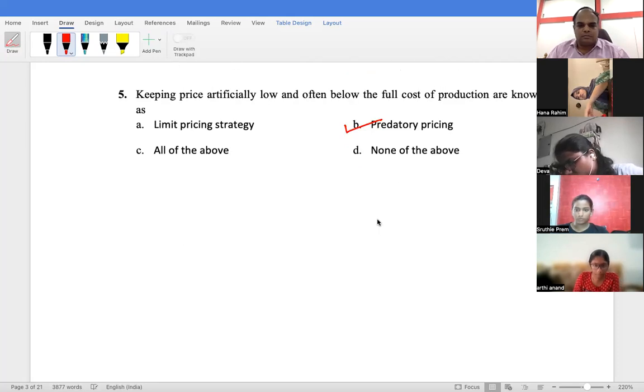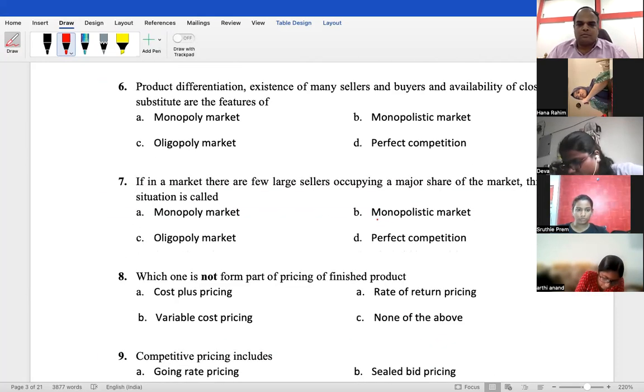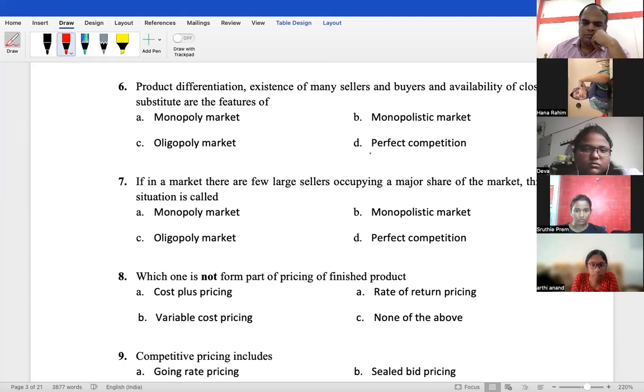Product differentiation, existence of many sellers and buyers and availability of close substitutes are features of monopoly market, monopolistic market, oligopoly market, perfect competition. Monopolistic market, yes.